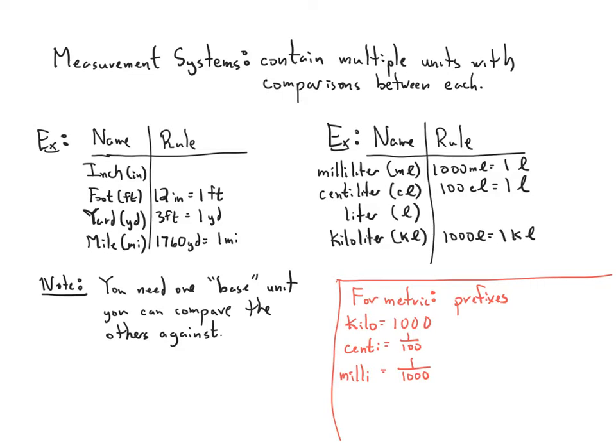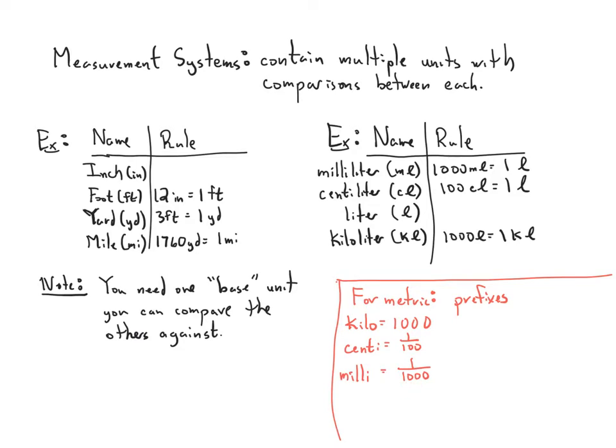And just as a little reminder, in any sort of metric system, so we're talking about liters or meters or grams or anything like that, there are 3 usual prefixes that come up. We have kilo, which means 1,000, centi, which means 100th, and milli, which means 1,000th.